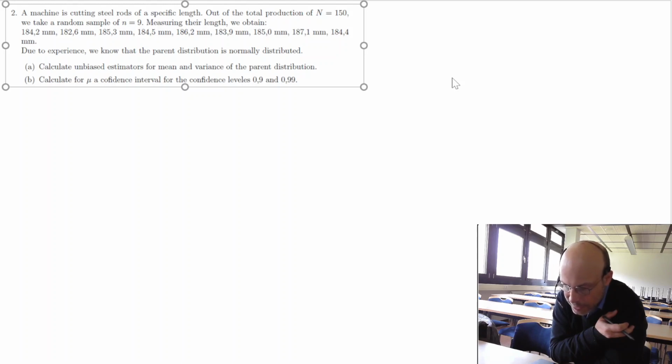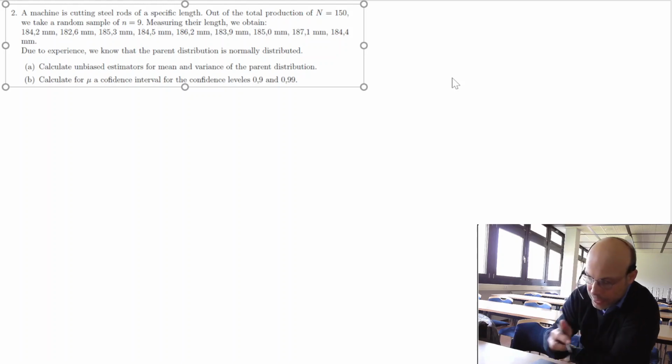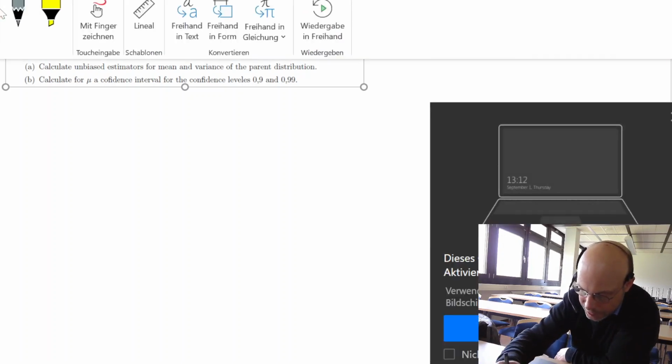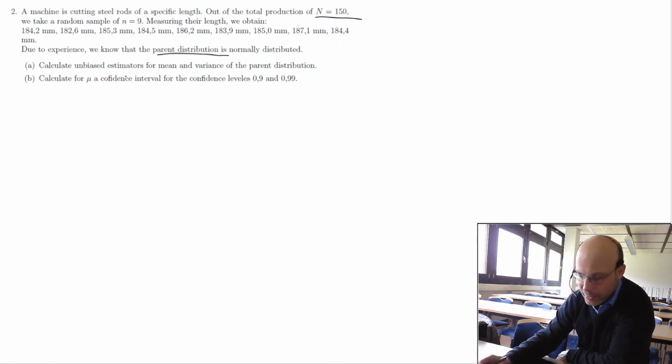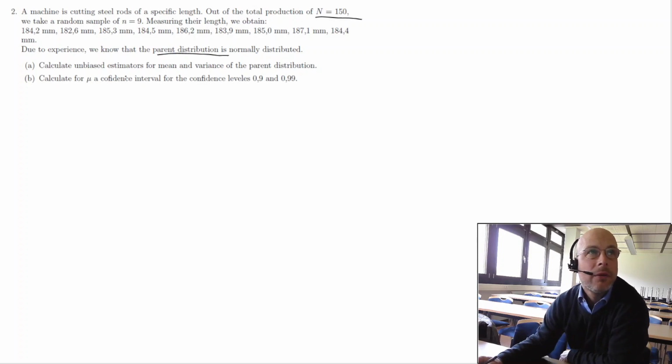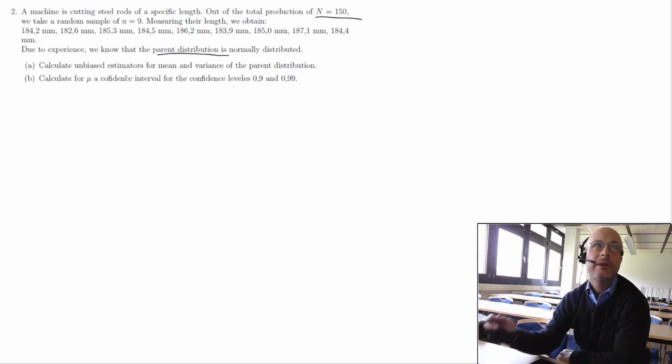Due to our experience, we know that the parent distribution, what is meant with the parent distribution? The parent distribution is our total production of 150, that this parent distribution is normally distributed.